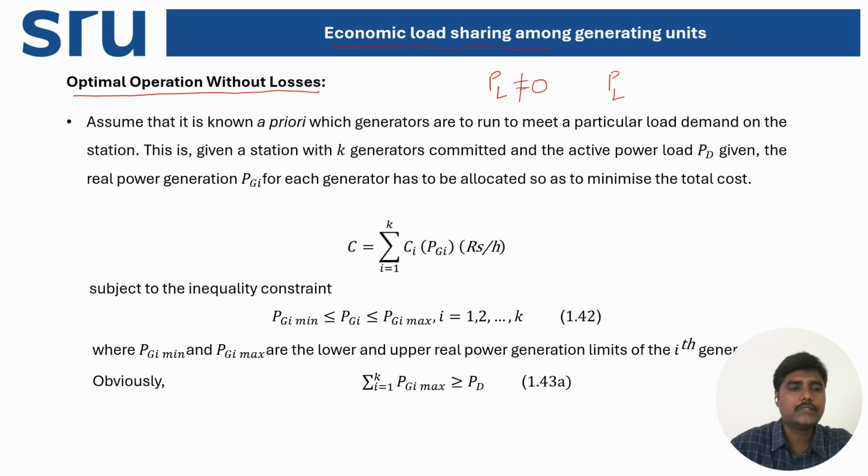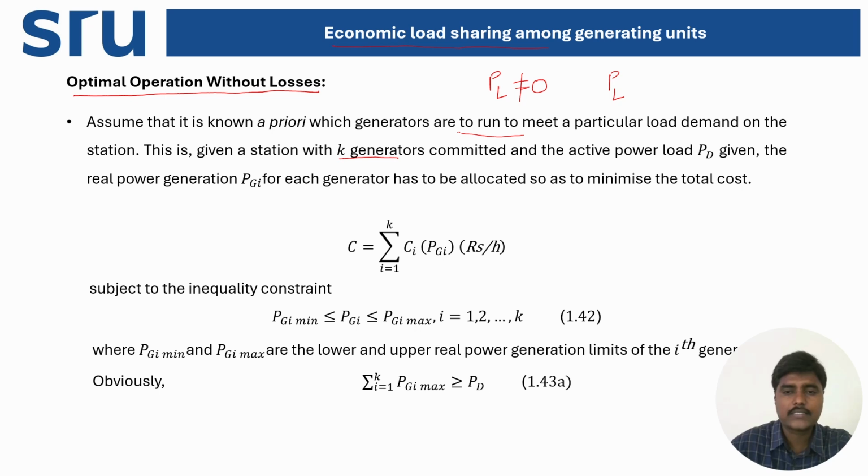So assume that it is known a priori which generators are to run to meet a particular load demand on the station. Just assume that it is already known to us which generators have to be run to meet our load demand PD. And assume there are k number of generators committed.